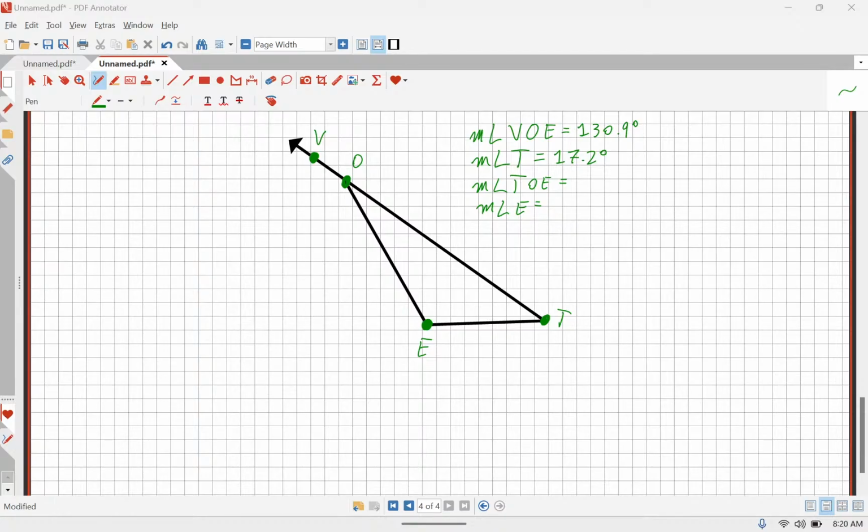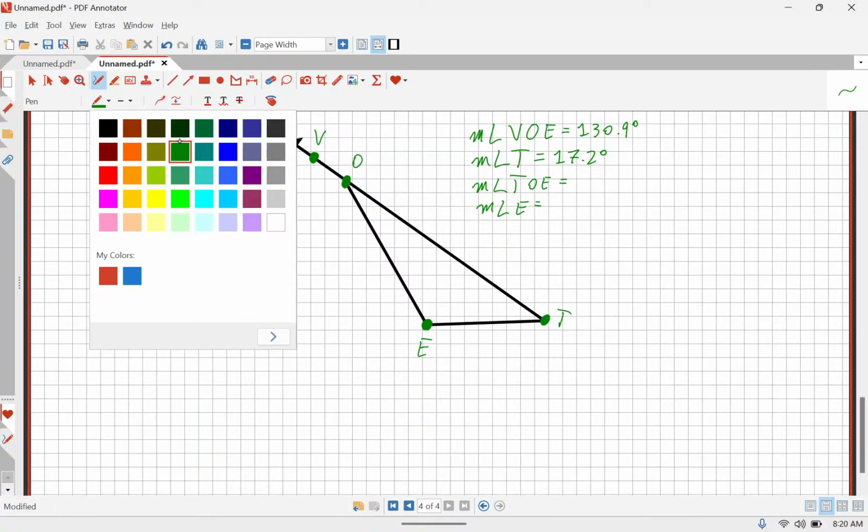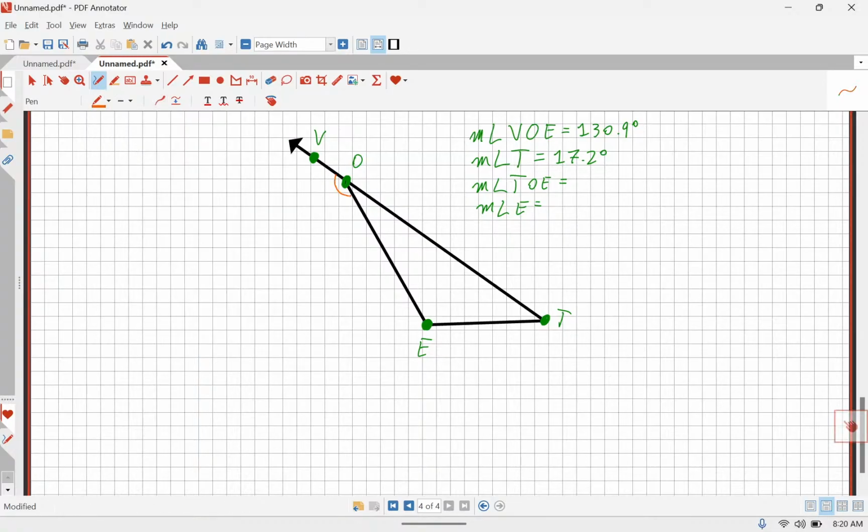Noah, let's go ahead and label these. So VOE is this big angle on the outside, 130.9 degrees. And angle T is luckily a little easier to get to, 17.2 degrees.